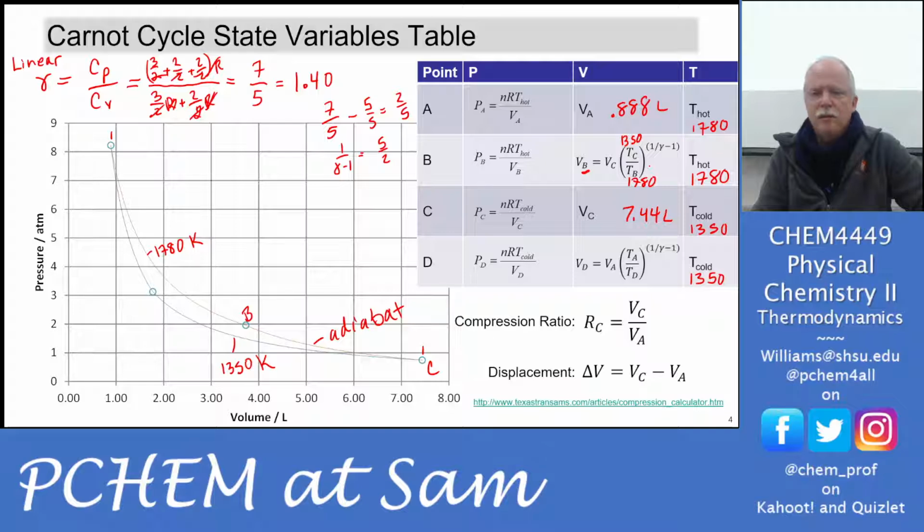Does that make sense? So this is gamma, this is minus 1, and then you just invert that, you get 5/2. And so then I can raise this temperature ratio to the 5/2 power. It's less than 1, raised to a power greater than 1, so it should be a less than 1 thing times C. I'm going to shrink that volume C down to make a volume B. Volume C was 7.44.